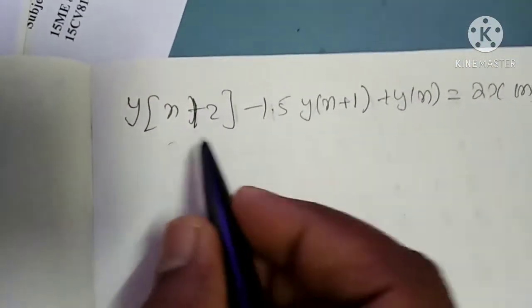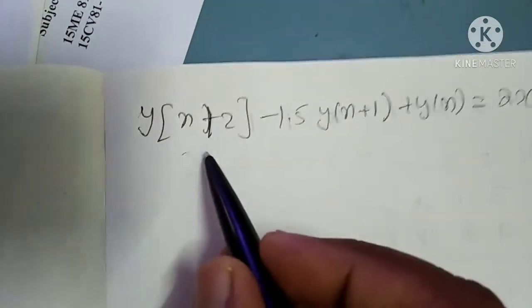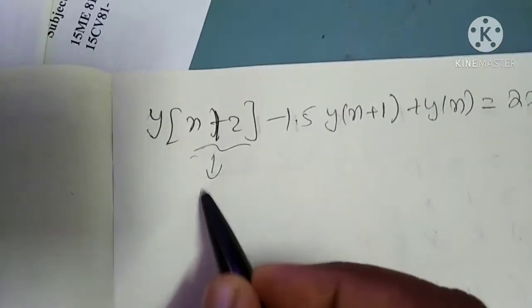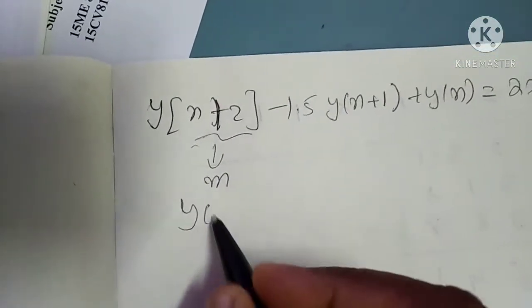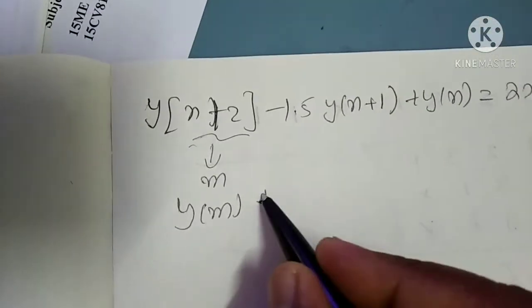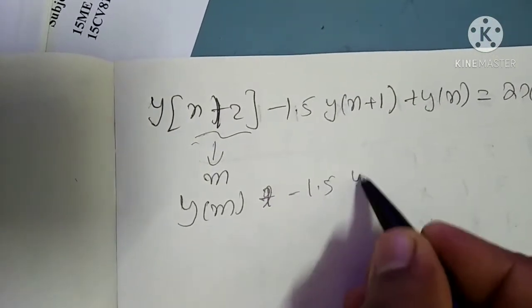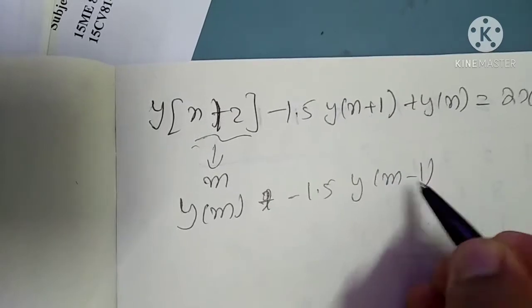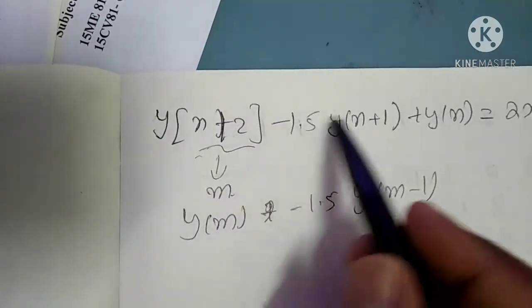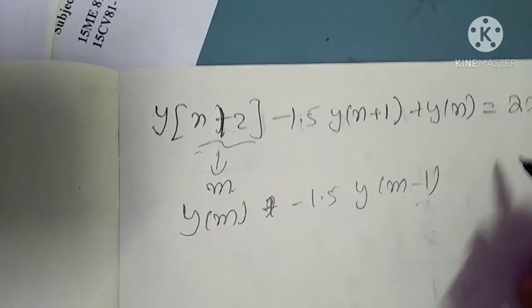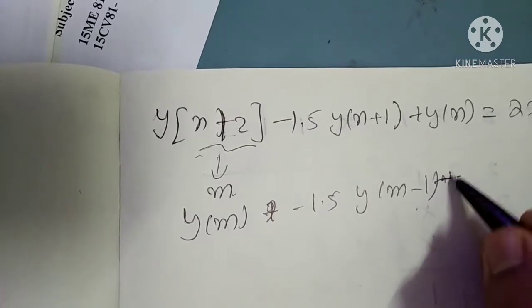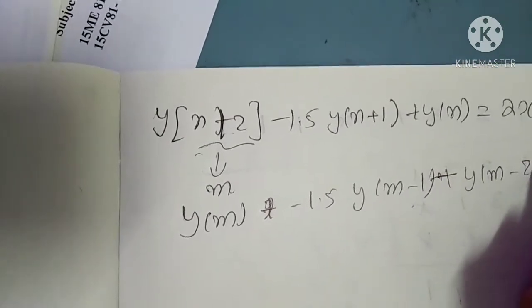Now you can observe, this is the one equation what they have given. In this equation, because the maximum value I can have is n, here we have n plus 2, let us take this as m. So we will have y of m minus 1.5 into y of m minus 1, because n plus 2 is m means y of n plus 1 will become m minus 1, plus y of m minus 2.